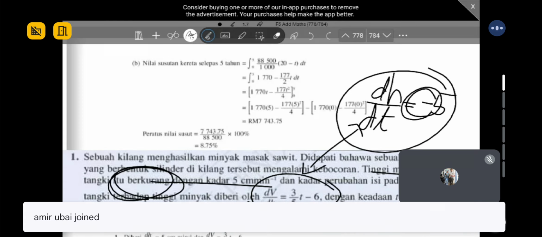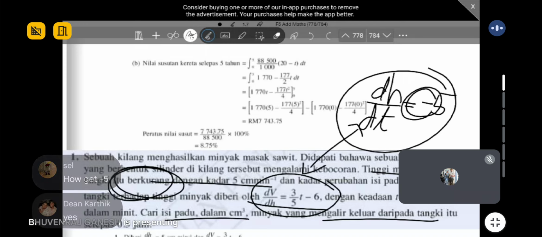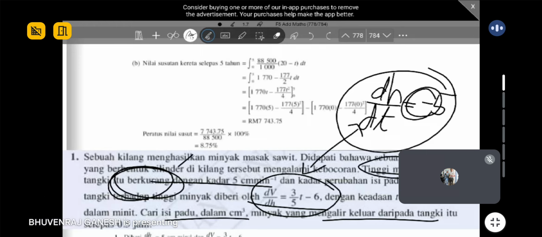Lihat soalan. Okay? Yes. Okay, you must find dV over dt. Okay, guys? So why do you find dV over dt? Untuk tinggi minyak berkurang pada kadar 5 cm per minit. So maksudnya dH over dt lah. H tu mewakili tinggi, t tu masa. So kadar perubahan tinggi sama dengan -5.